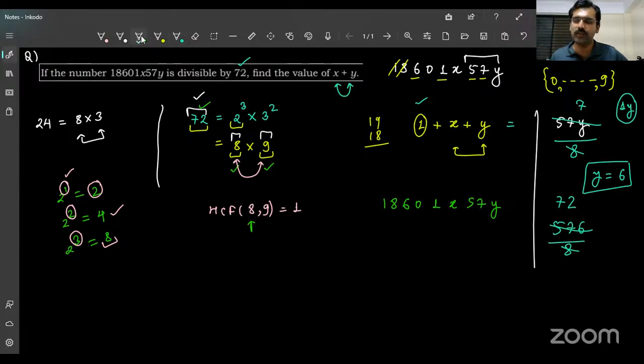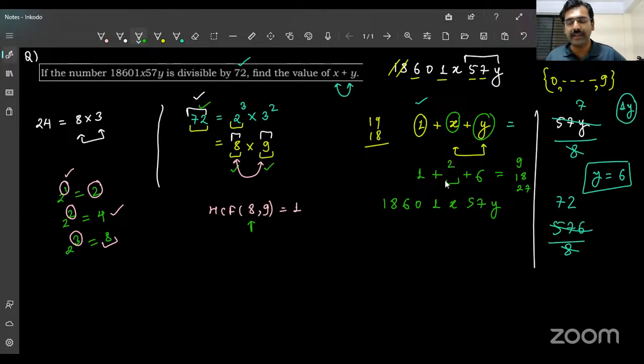Now, once you have cracked the value of y, you're left with the value of x. Please understand, this is 1. Y is going to be 6. Now, what value shall I put here so that it becomes a multiple of 9? It should be either 9 or 18 or 27, but I can clearly see, 6 plus 1 is 7. So 7 plus 2 would be 9.